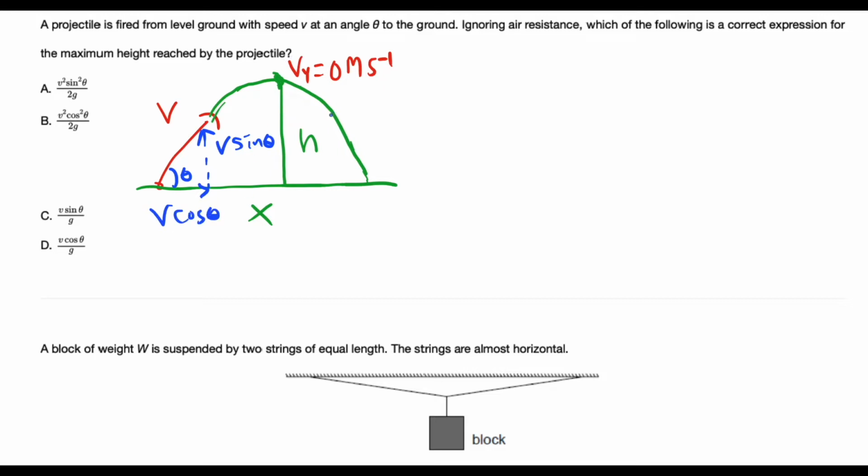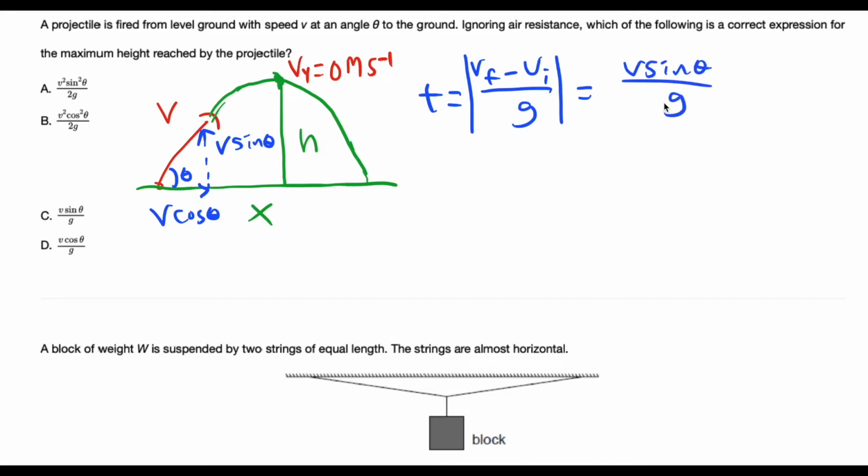So you can calculate the time to reach maximum height first. Time is equal to change in velocity, which is final velocity minus initial velocity, over gravitational acceleration. Gravitational acceleration is the only acceleration acting on a projectile if we ignore air resistance. And time must be an absolute value, so we put an absolute sign here. So this is equal to v sine theta over g. This is the time.